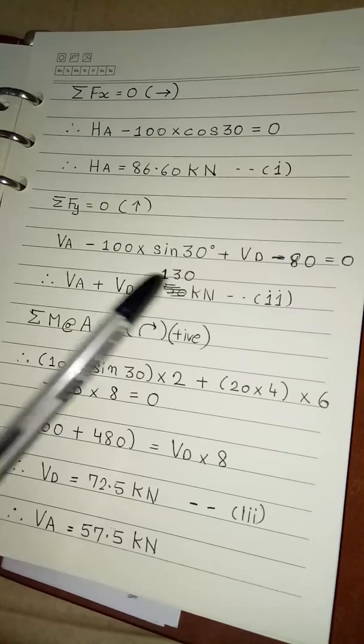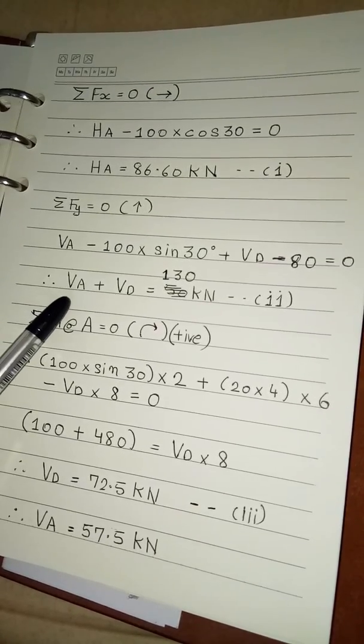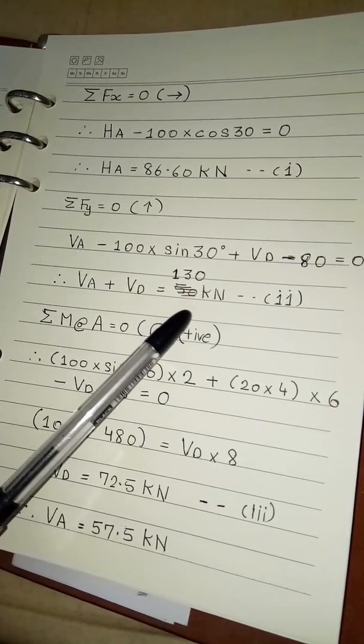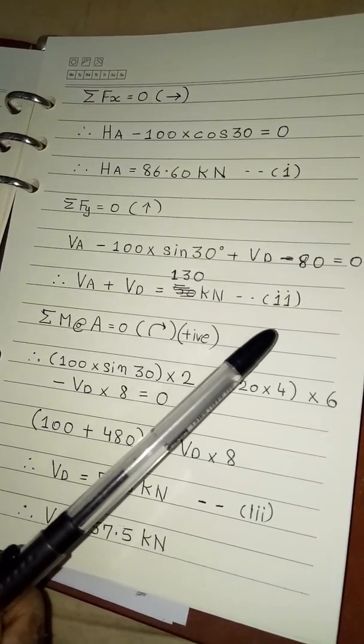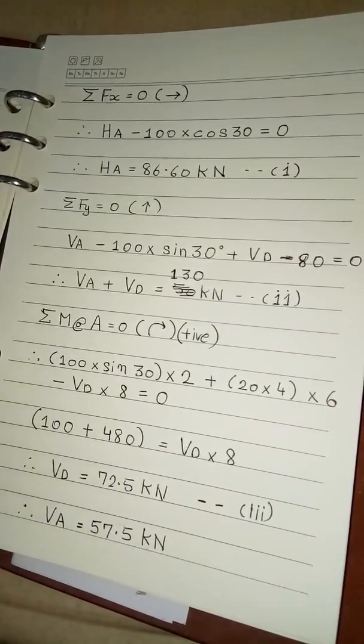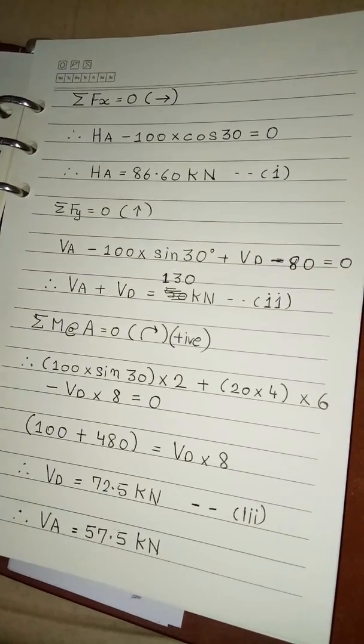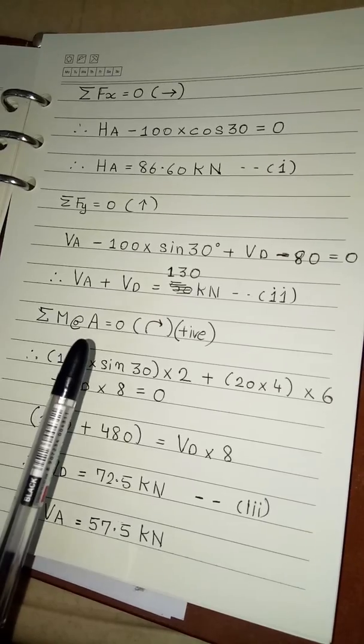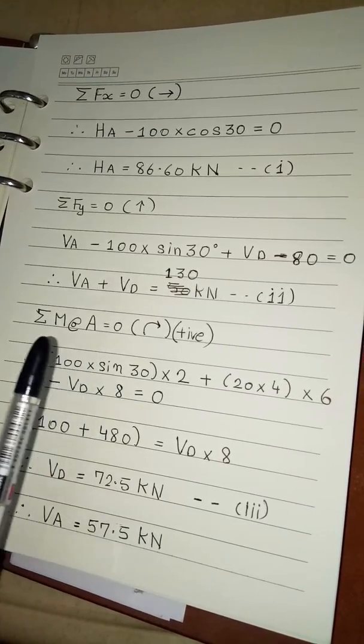When I solve this equation, I get two unknowns, VA and VD, and the combined known value is 130 kilonewton. So that forms my equation number 2. Now going by the third equation, which is summation of moment at any point A equal to 0.